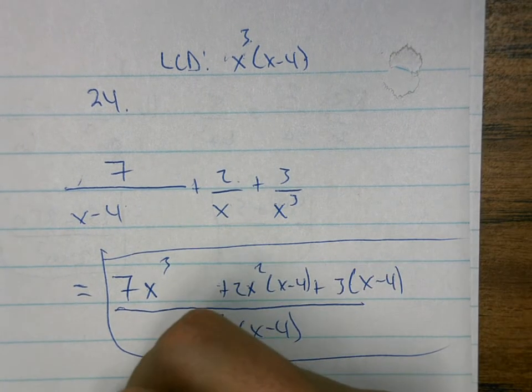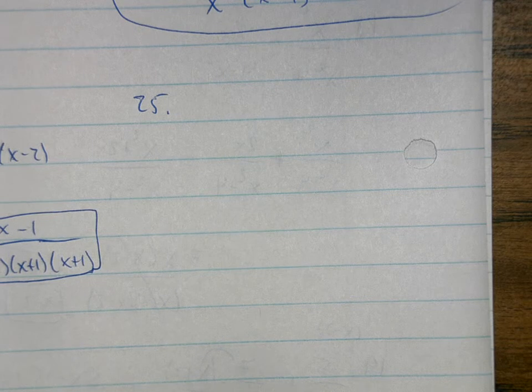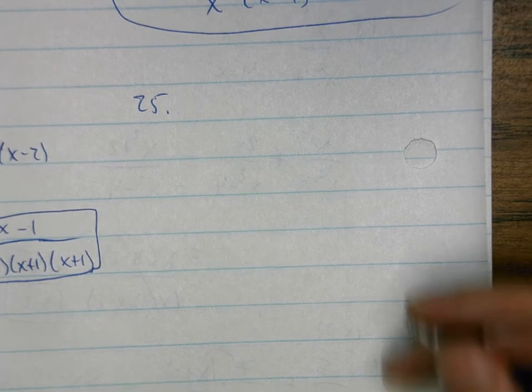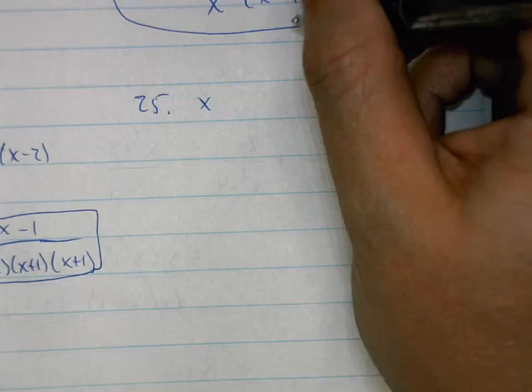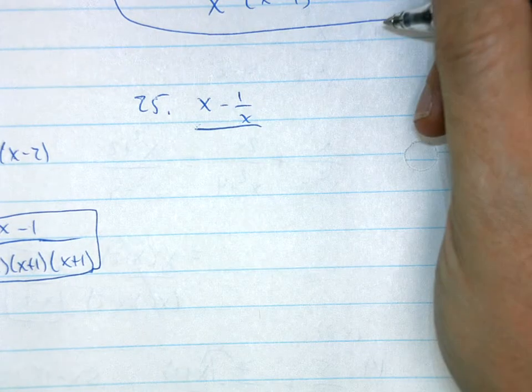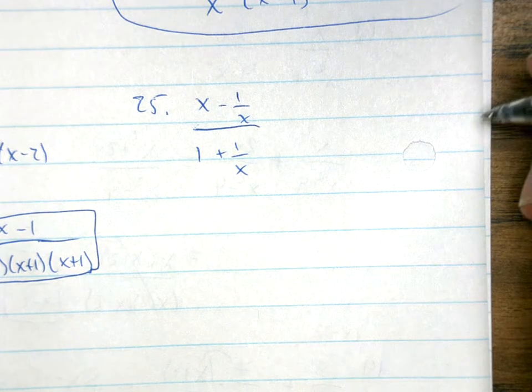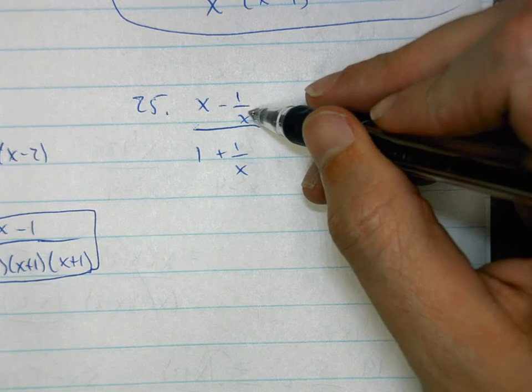25. X minus 1 over x all over 1 plus 1 over x. So the LCD of both of these fractions, top and bottom, is x.